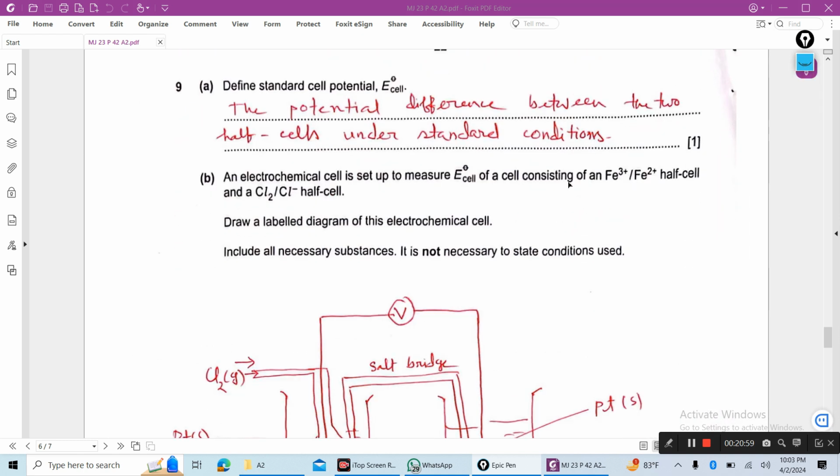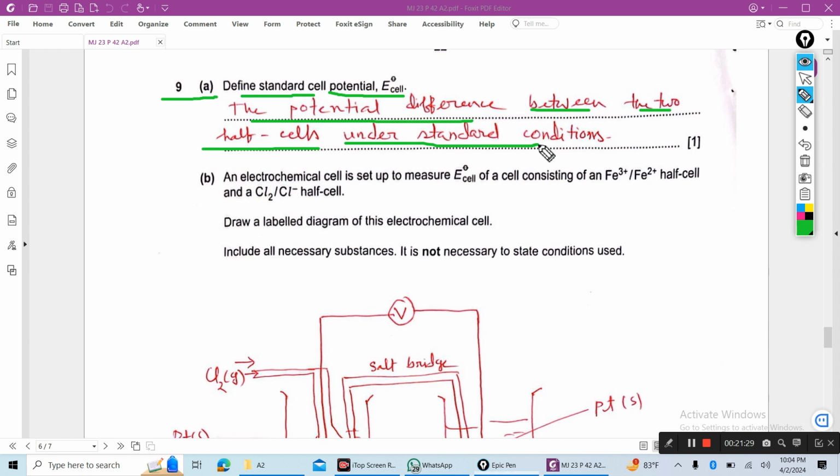Next, number 9. Define the standard cell potential E cell.